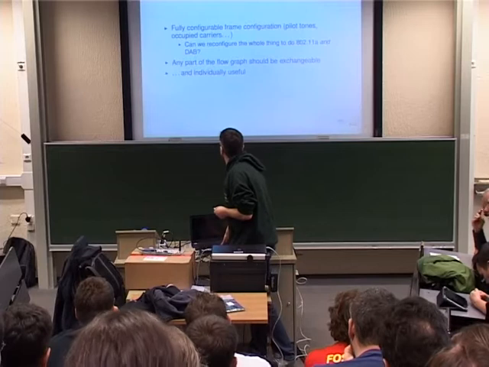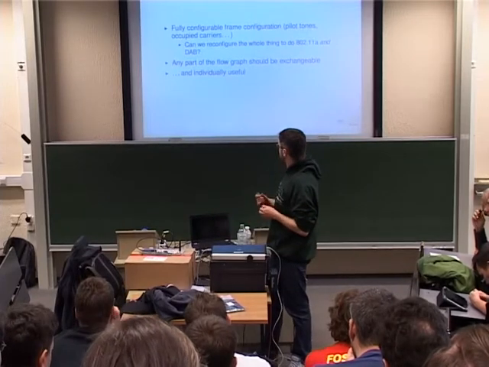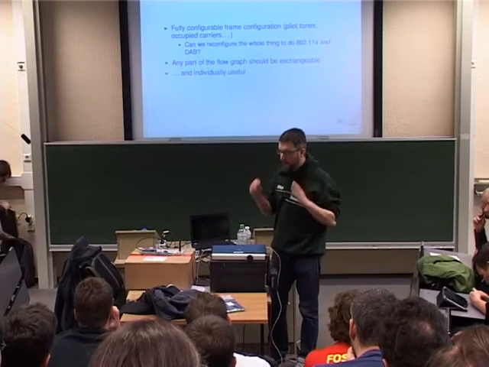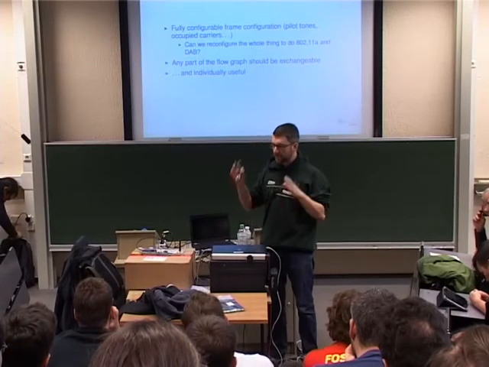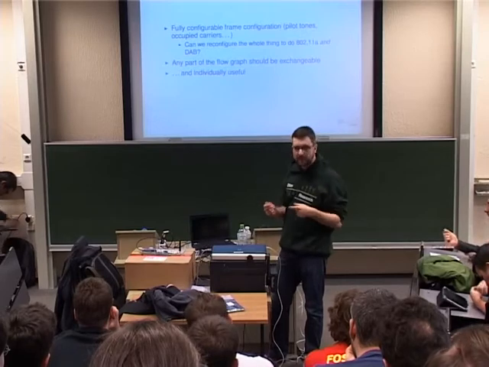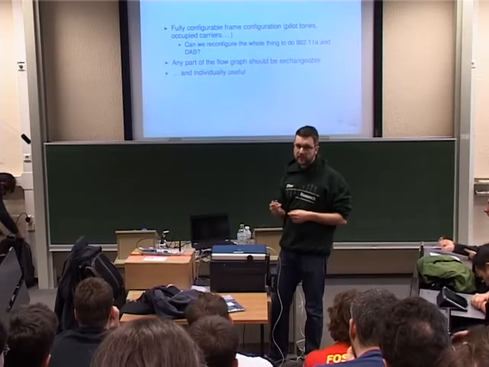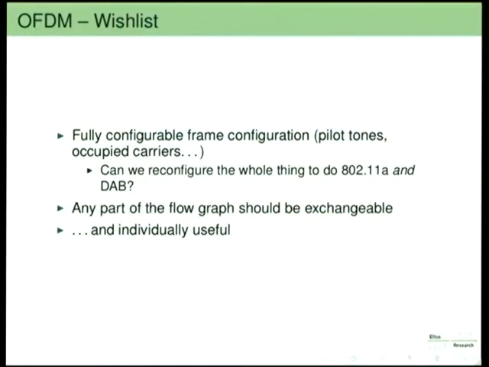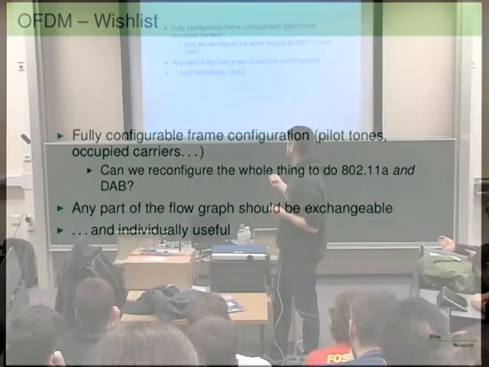One thing that I always wanted when I was working on this is I wanted it to be truly parameterizable. So I have this GNU Radio flow graph, and it does OFDM, and I want to be able to give it a configuration that does, for example, Wi-Fi, then change the configuration, and then it does something else entirely, like DRM or DAB.